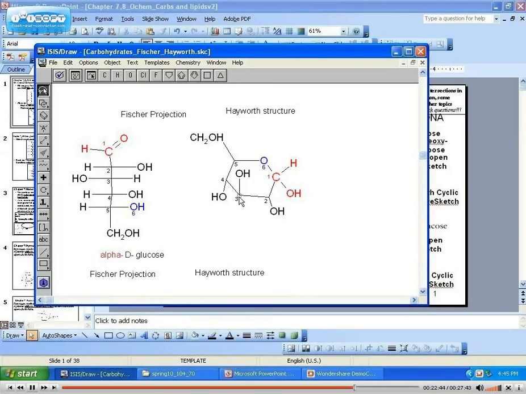So here is the final transformation. You'll be expected to sketch the Haworth structure for alpha D-glucose.